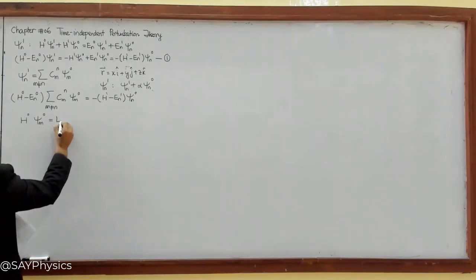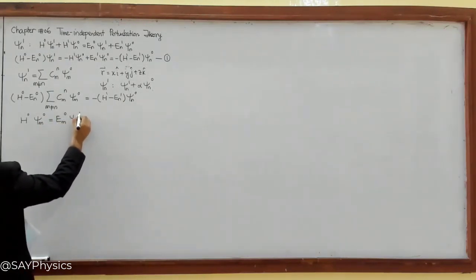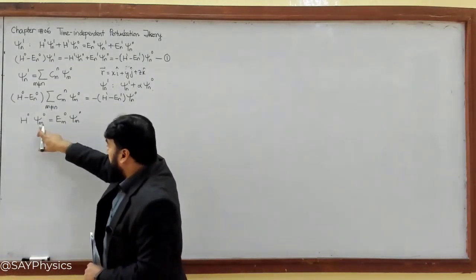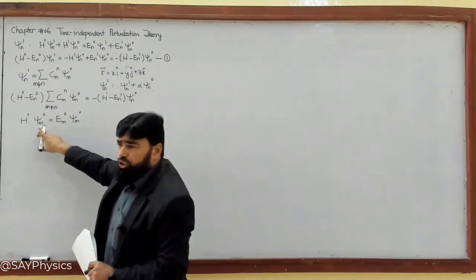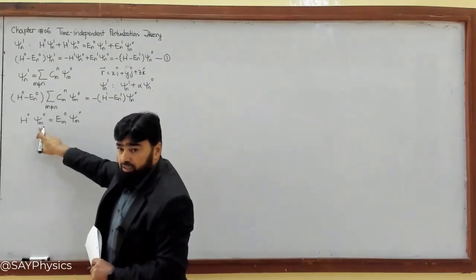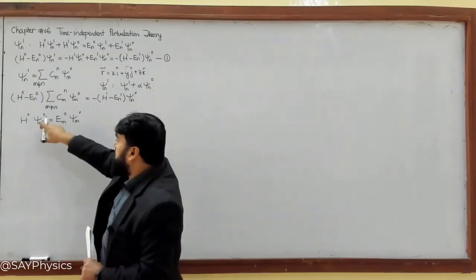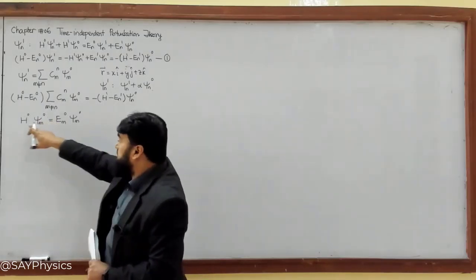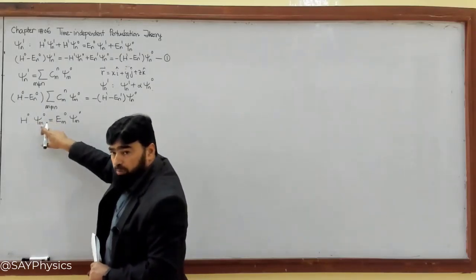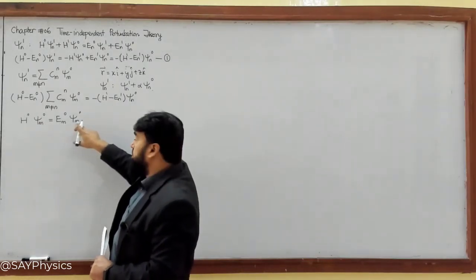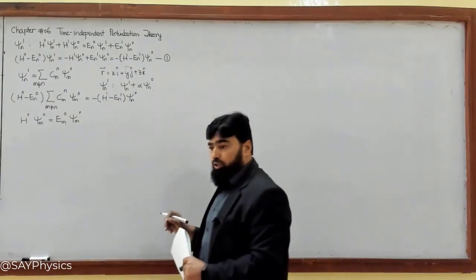This will give me the energy Em0 times psi m0, as I have already done. Here m is just an index, like 1, 2, 3. So H0 on psi m0, the unperturbed Hamiltonian on the unperturbed wave function, gives the unperturbed energy times that wave function.